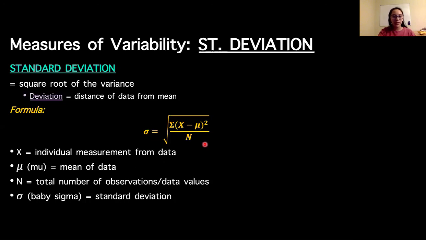So that usually would include, instead of mu, an x bar. It's an x with a bar over top of it.